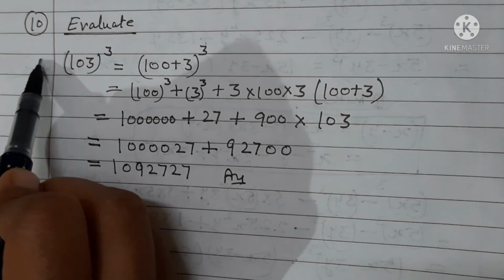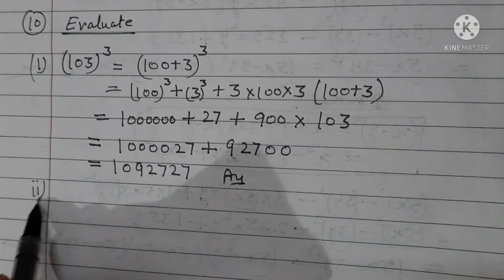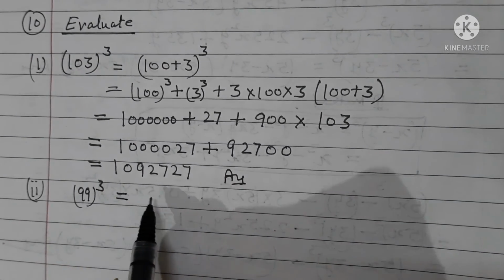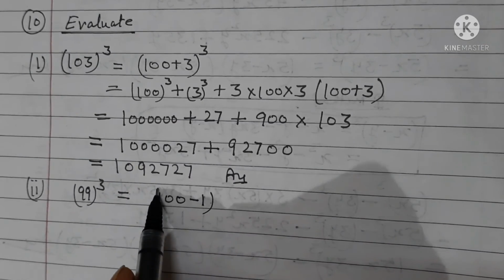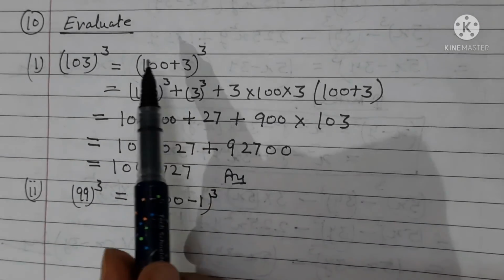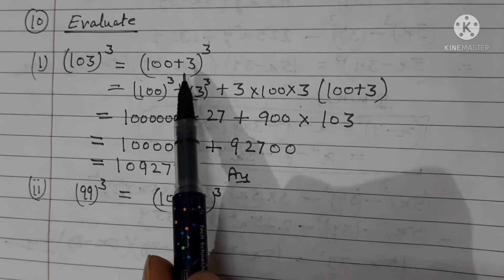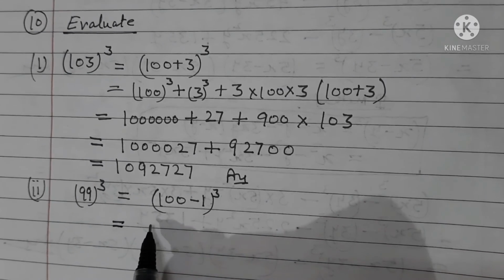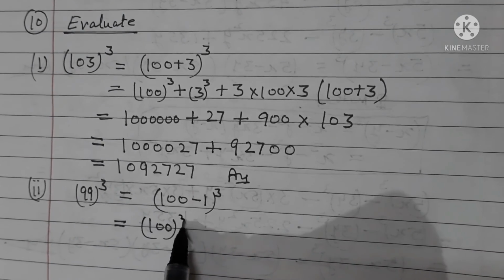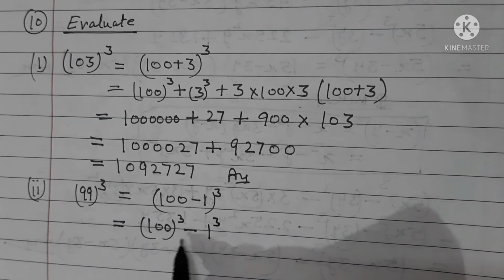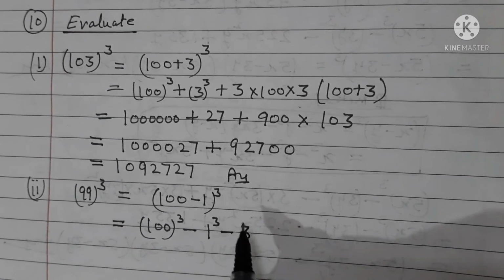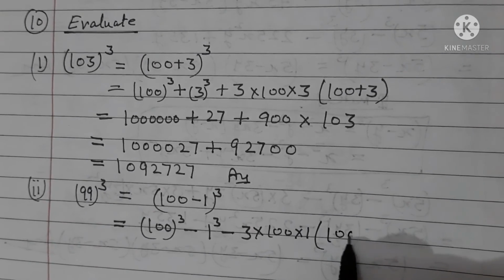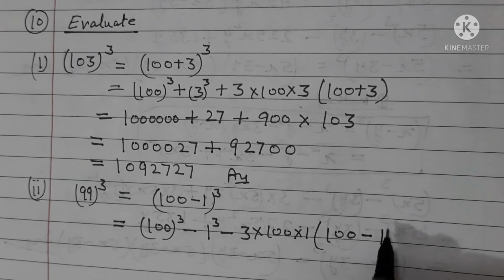This is part 1 and this is second. 99 whole cube. You can write it 100 minus 1 whole cube. Here you can say x plus y whole cube and x minus y whole cube. So x cube, 100 cube minus 1 cube, a cube minus b cube minus 3ab, that means 100 into 1, a plus b, 100 not plus, minus 1.